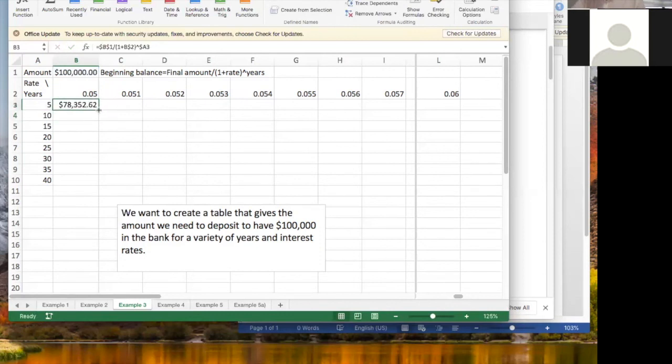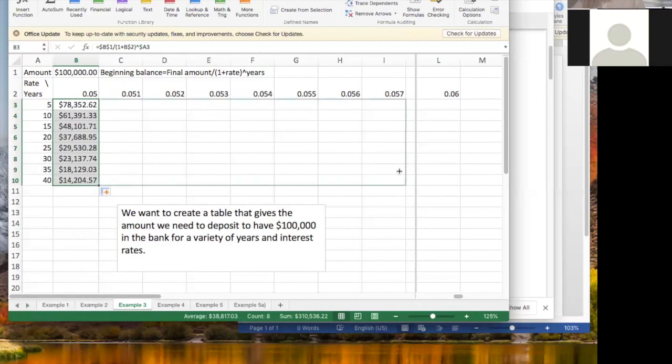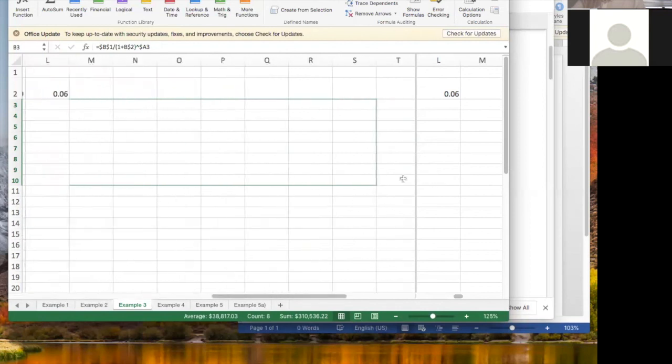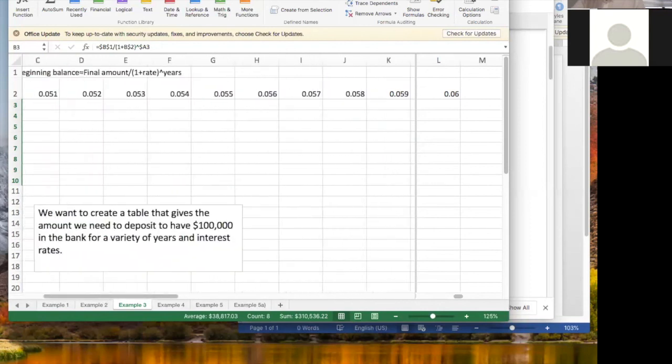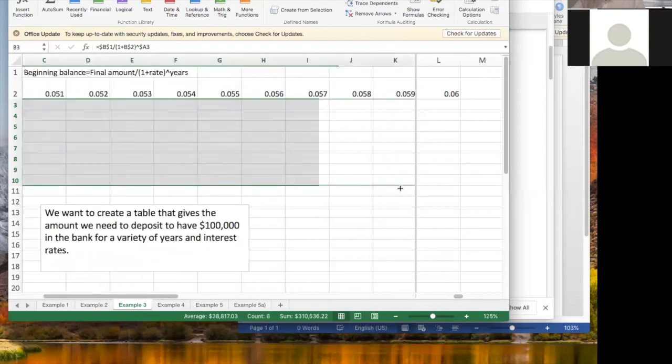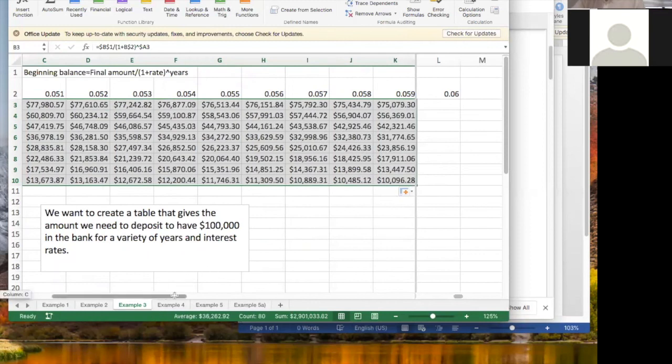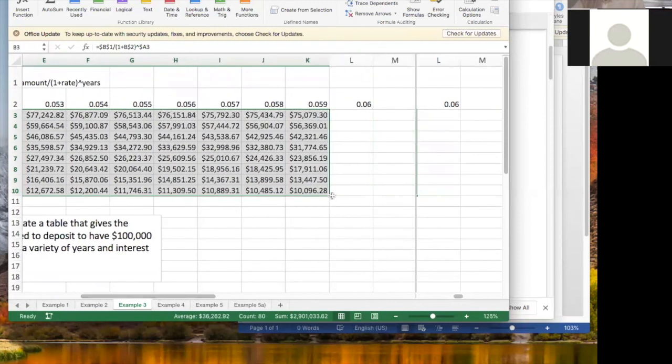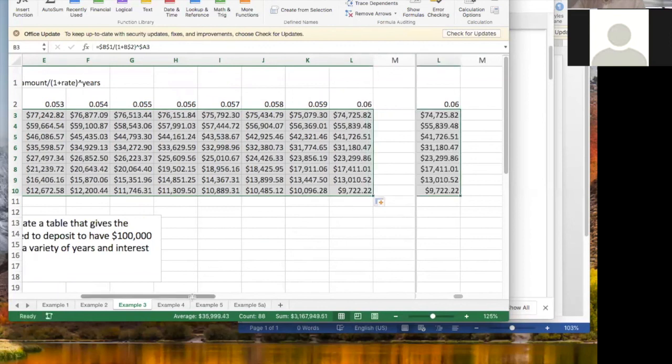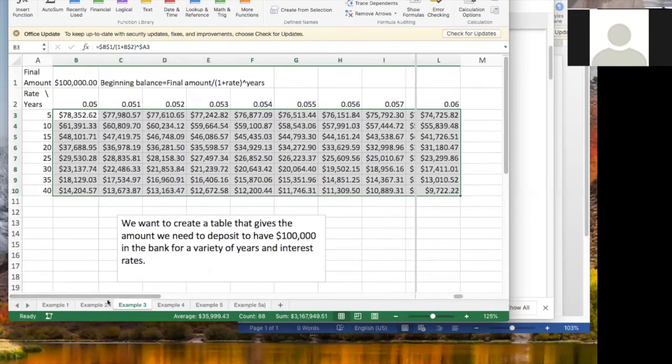Now I can quick fill. And so I see that, let's do it a little slower. If I want $100,000 in 5 years and I'm getting 5% interest, I need to put in $78,000.